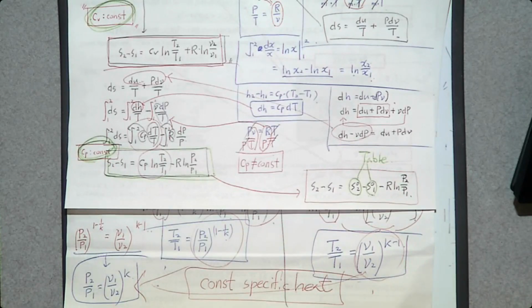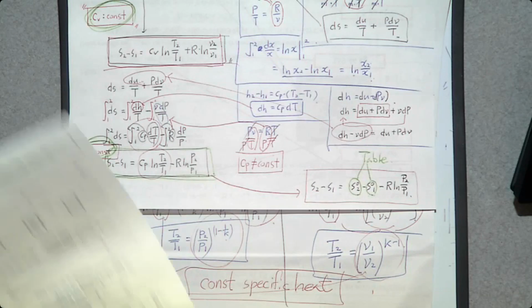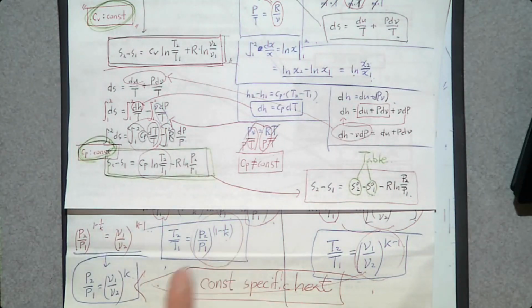So we studied 1, 2, 3 equations to determine entropy change, 1, 2, 3 equations for isentropic process, and we have one more equation left over before we solve a problem. One more equation. So these three equations can be used for an isentropic process assuming constant specific heat.